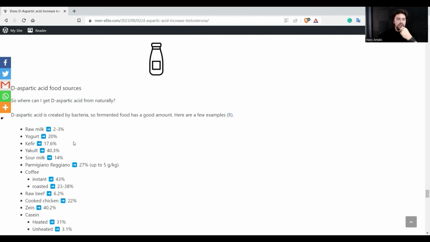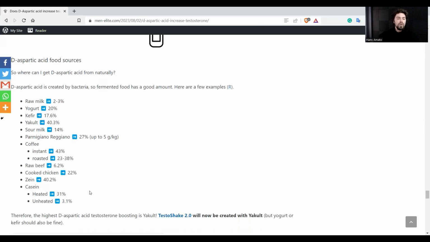You can see raw milk has about 2 to 3% of all of the amino acids as D-aspartic acid, whereas yogurt is 20%, kefir is 70%, and Yakult 40%. Yakult is fermented with a specific bacteria, and I think it's called Lactobacillus casei. I could be wrong, but it was a specific bacteria that creates this D-aspartic acid, 40%. So Yakult beats all other foods massively.